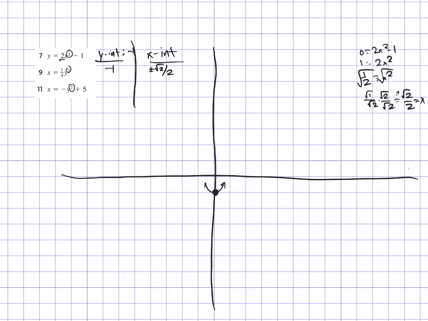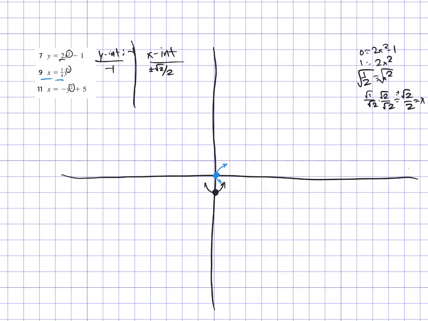Again, 0 is your y-intercept. And since there's no b, that's also going to be your vertex. Now the issue is it starts with x equals. So now this is going to be horizontal. So A is positive. That means it's going to open to the right for positive. So that is your x-intercept and your y-intercept.